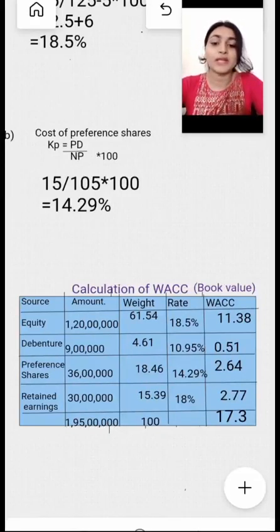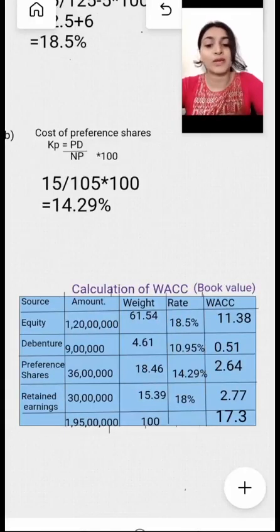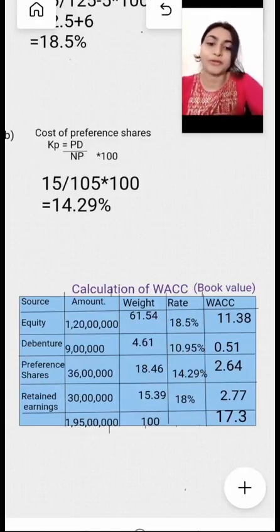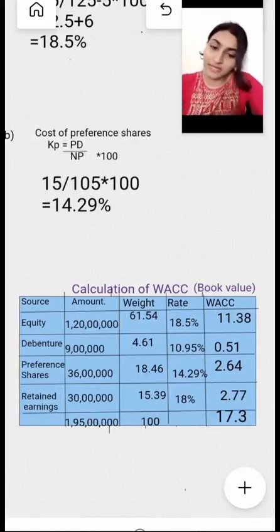So 1 crore 20 lakh divided by 1 crore 95 lakh into 100, we get 61.54. Similarly, 9 lakh divided by 1 crore 95 lakh into 100 gives 4.61. Similarly, preference shares will get 18.46 and retained earnings will get 15.39. When you add all the weights, it must be equal to 100.